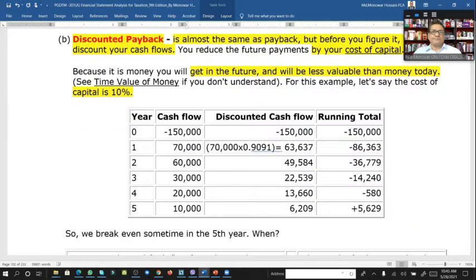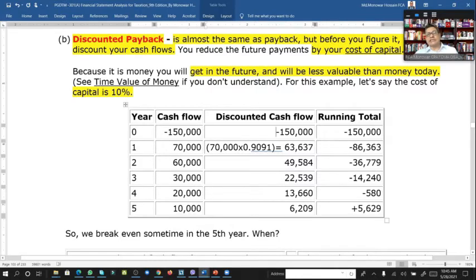Look here. In year 0, there is no need for adjustment with the PV factor, because it is just the investment at that time. So the running total is 1,50,000. Now year 1, what we have to do, look here, 70,000 multiplied by 0.9091.